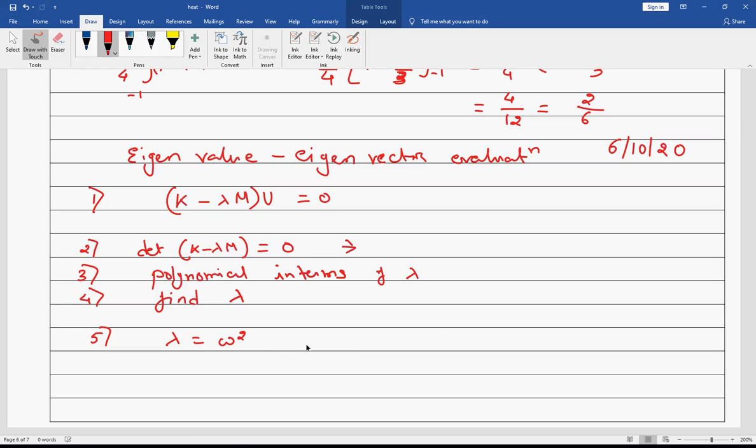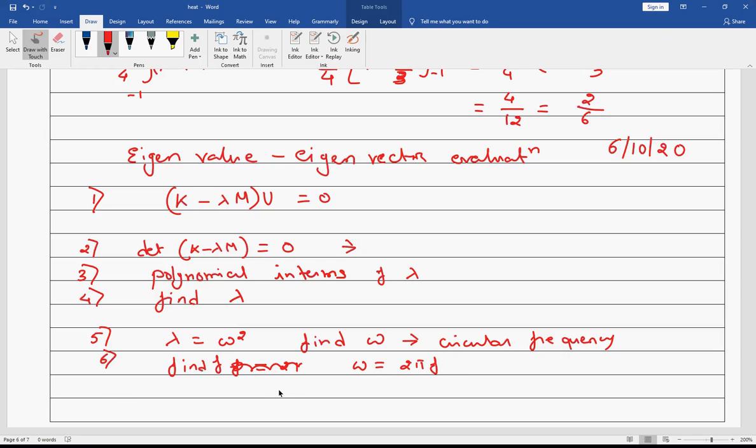Once that is done, the next step is lambda equal to omega square. From this you have to find omega, which is the circular frequency. Then the next step is you are going to find f, and we are aware that omega equals twice pi f.